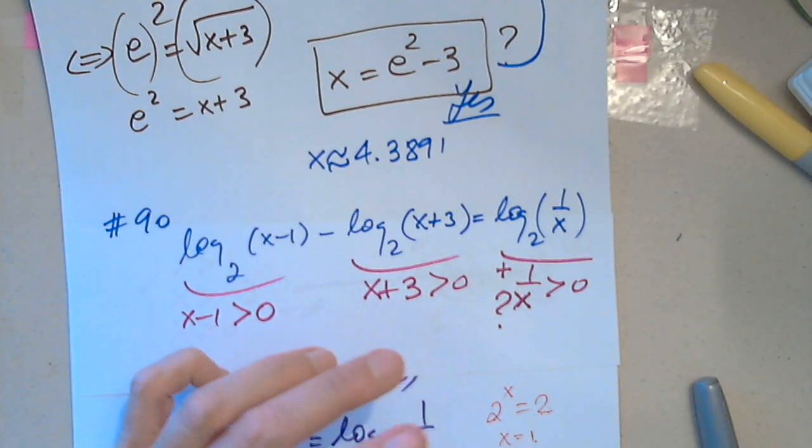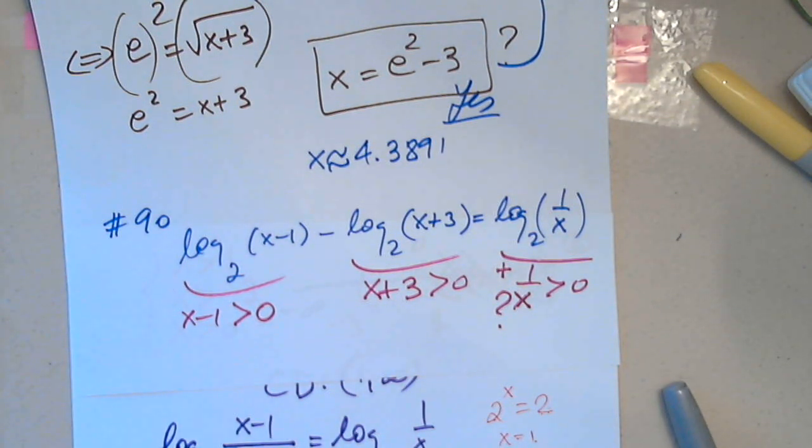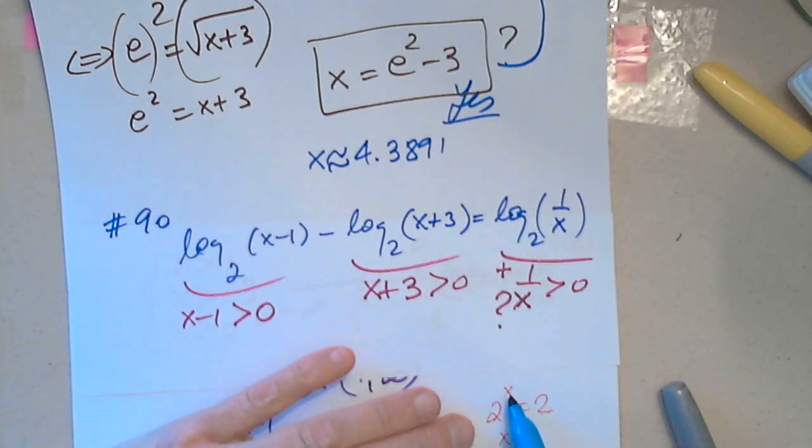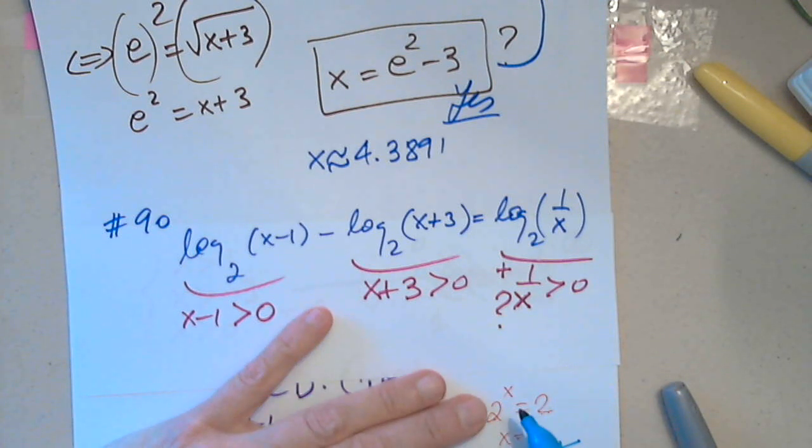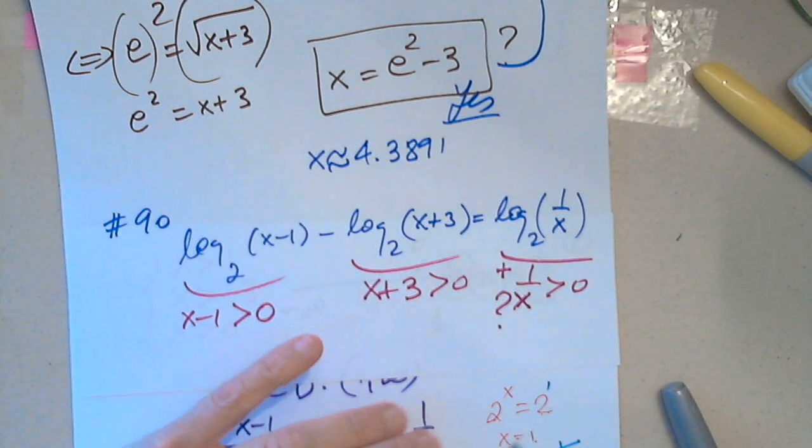Can I say that 2 to the 3rd equals 2 to the 1st? No. Can I say that 2 to 0 equals 2? No. So I only have to say that x equals 1.